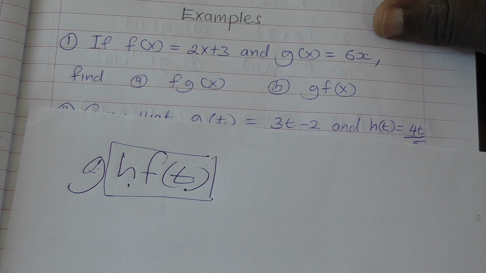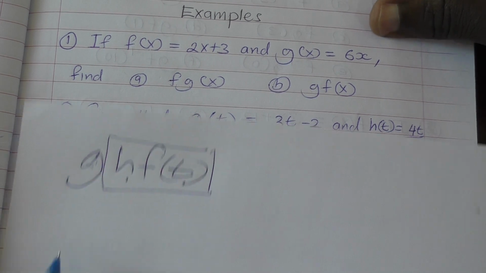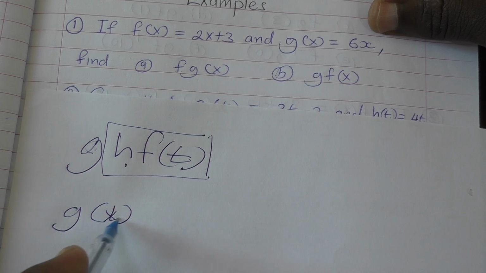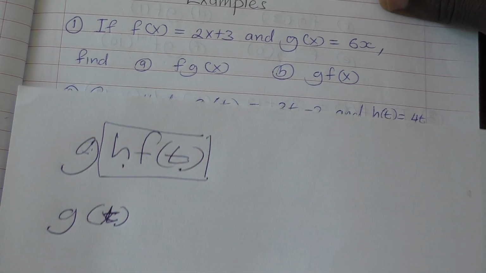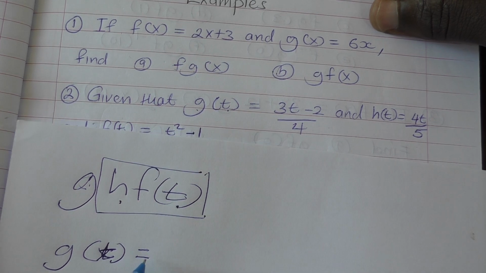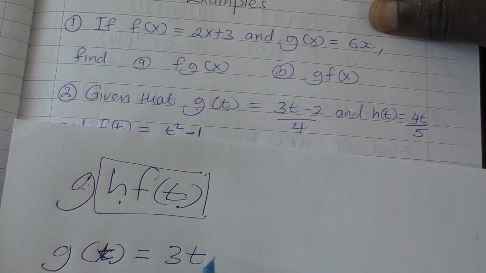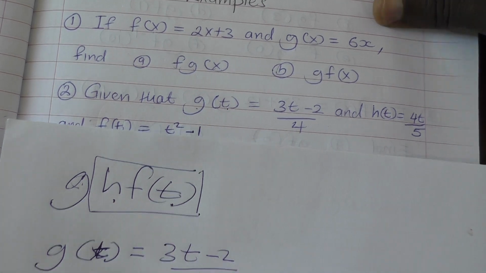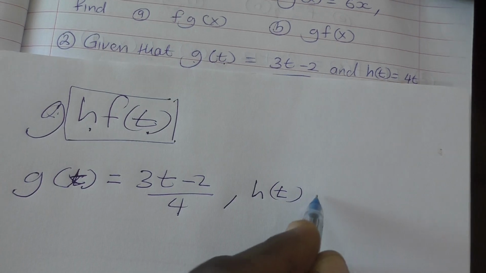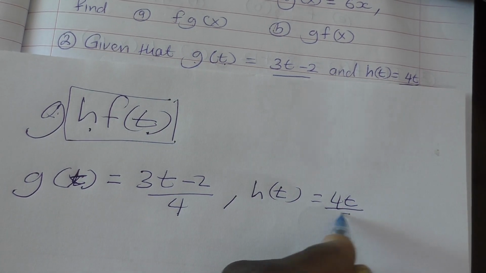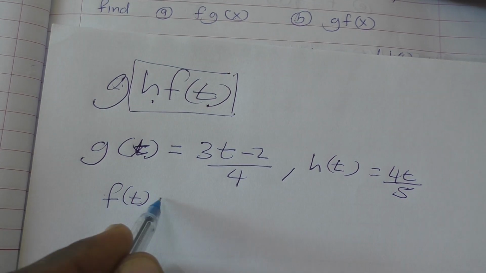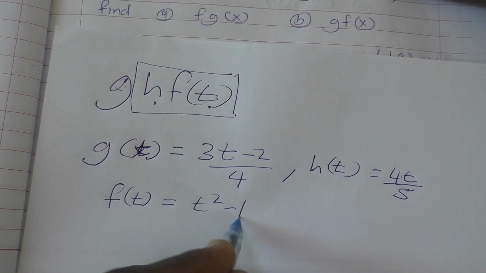For instance, let us try it out. We have g of t as 3t minus 2 over 4. We have h of t as 4t over 5. And we have f of t as t squared minus 1.